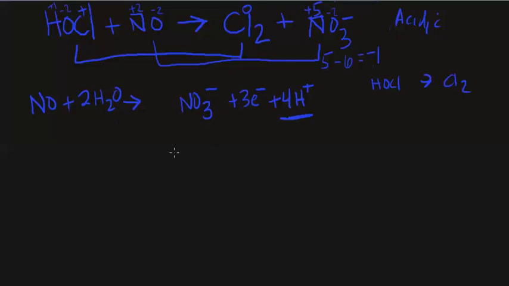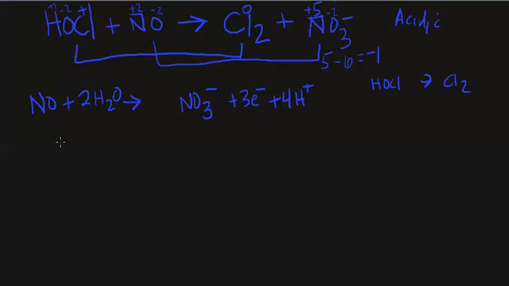So we just balanced hydrogen, and if we did this correctly, oxygen should be balanced also. We have 1 oxygen here, we have 2 oxygens here, so that's 3 oxygens on this side, and we have 3 oxygens on this side. So this half reaction is balanced.